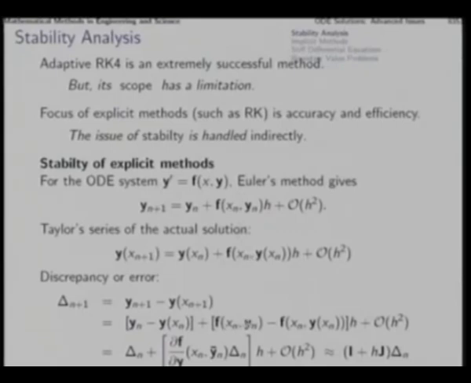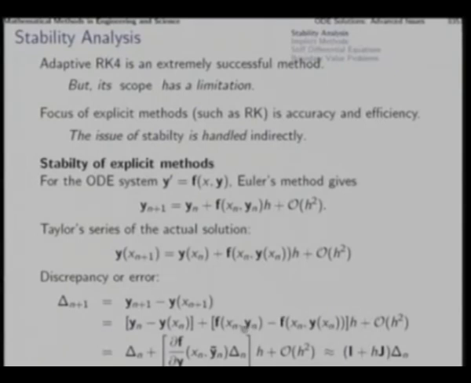So, f evaluated here minus f evaluated here into h, and then the rest are higher order terms. Now, this is error at nth step, okay, and what is this? Function at x, yn and function at x, y of xn. This is the evaluated y at xn, this is the true y at xn.